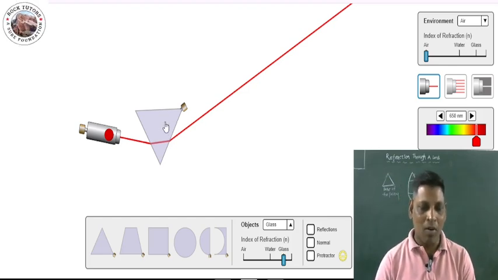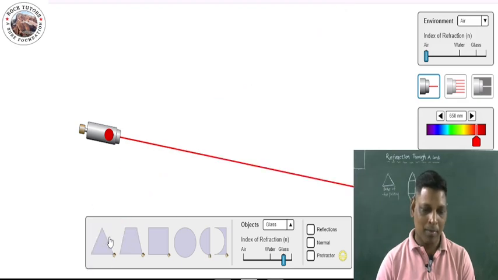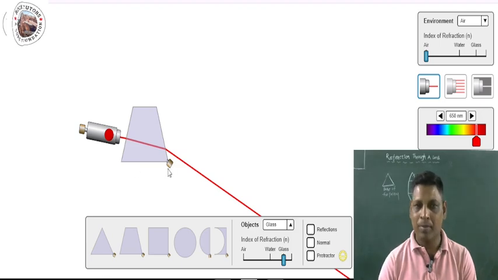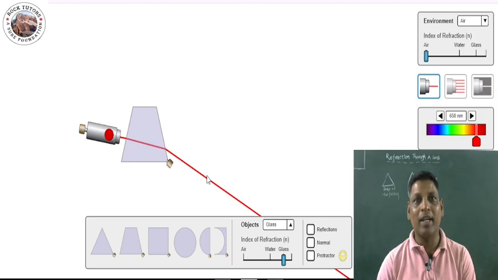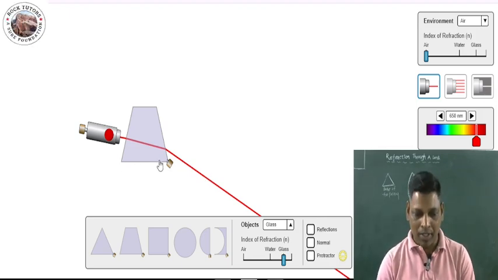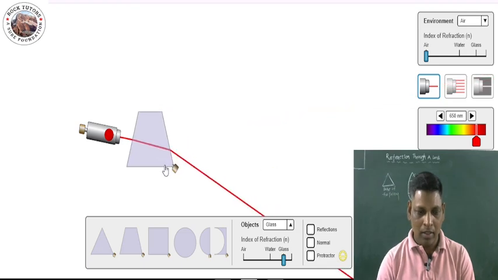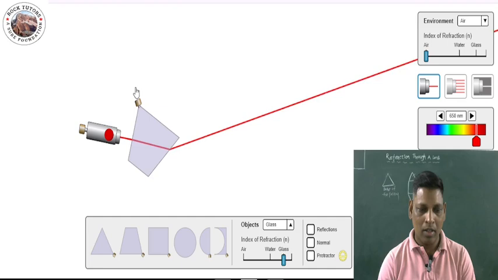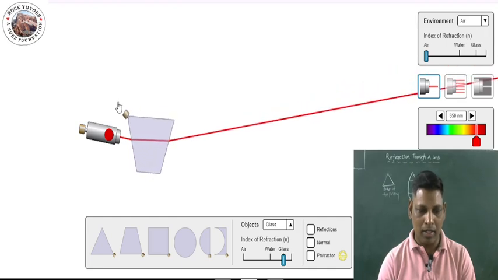You can see one more prism. Now see here, this is the base of the prism, and the light is refracted and emerges, and this emergent ray is bent towards the base of the prism. If I turn this prism, the base is going up, and now see here.